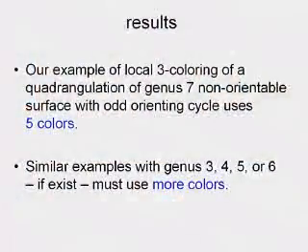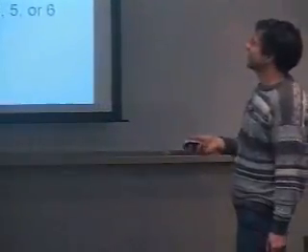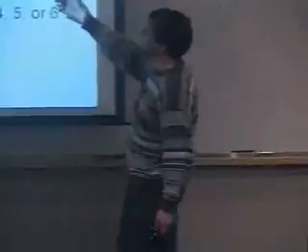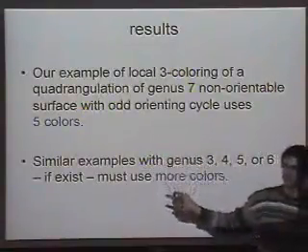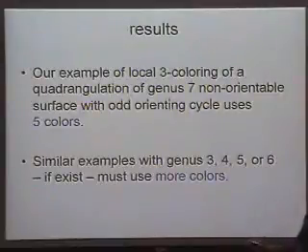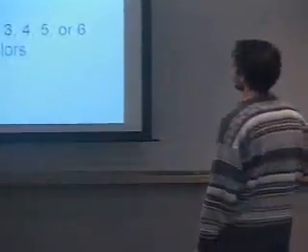Do you have a conjecture about any of them or no? I'm not sure. I have one more result that I can show: these examples for genus 7 use the fewest possible colors. If you just have 4 colors, it's not possible to have a local 3 coloring of anything that is 4 chromatic.